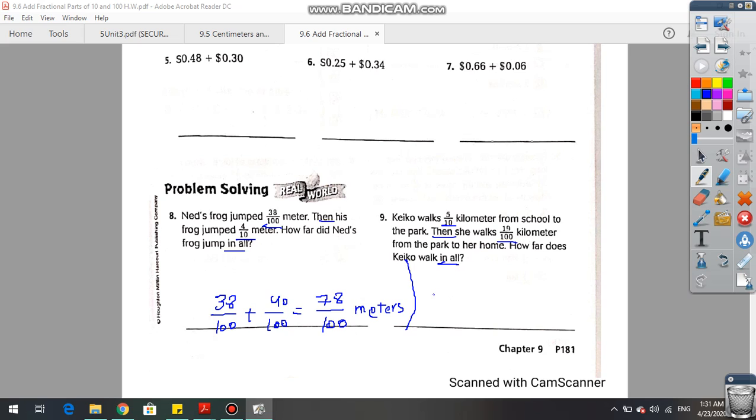So I'm going to add 5 tenths plus 19 hundredths. Now, can I add it? No, why? Don't have the same denominators. So I'm going to add 0 and 0. So 50 plus 19, it's 69 hundredths. 69 hundredths what? Kilometer.